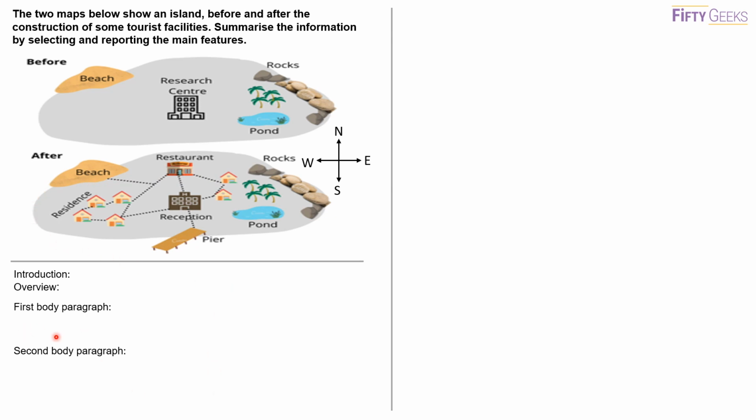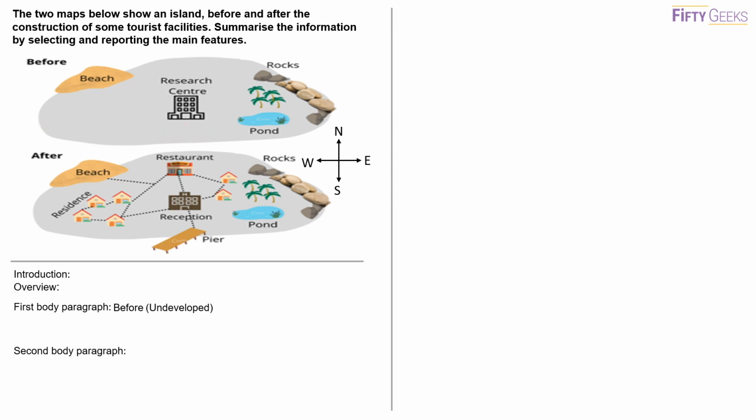In the first body paragraph, I will describe the first map, which shows the island before any changes. It is very clear by looking at the map that the island was completely undeveloped. Also, there is a beach in the northwest, and in the center there was a research center.